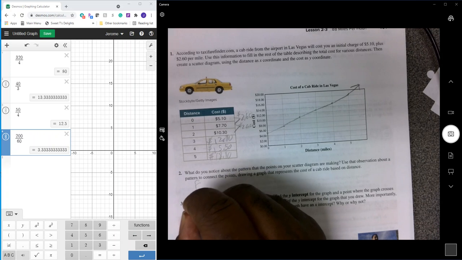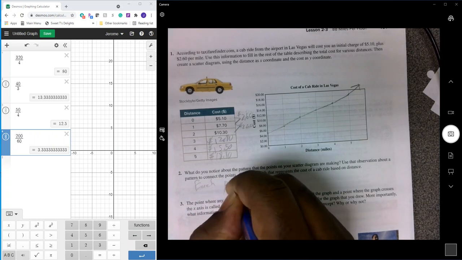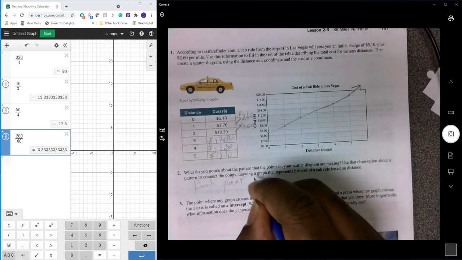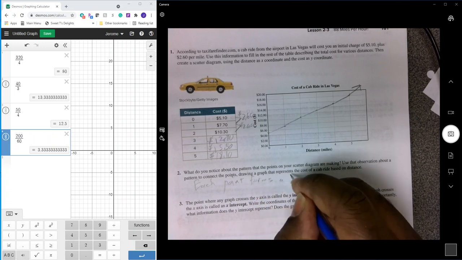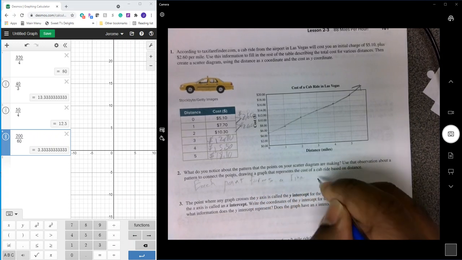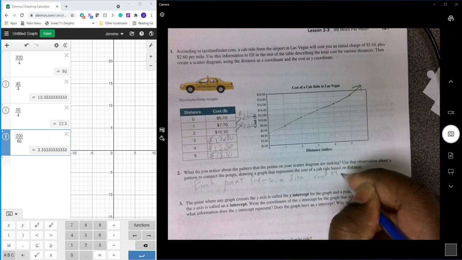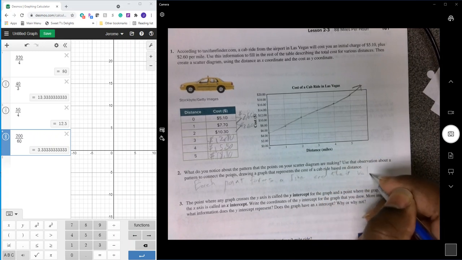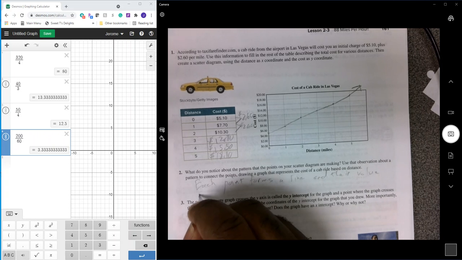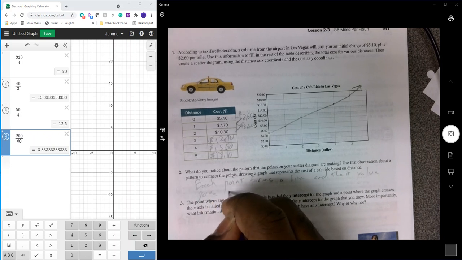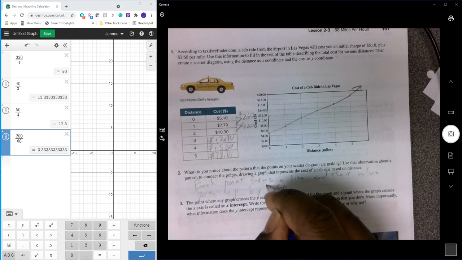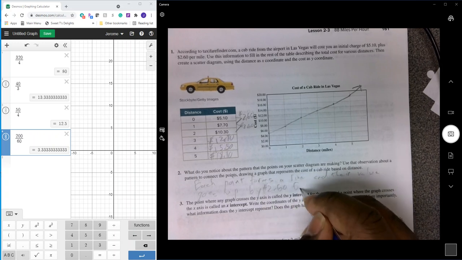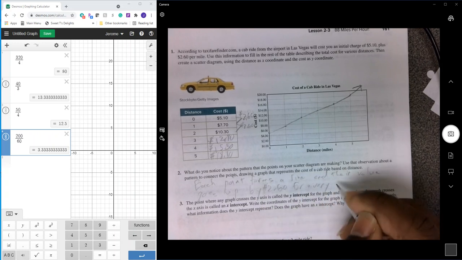The points form a line, and their value goes up by $2.60 for every mile.